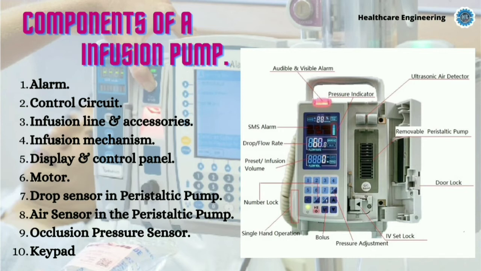It indicates the presence of air in the system. Next one is occlusion pressure sensor. This is used to control the infusion pressure. Last component is keypad. This is used to register the data that refers to the flow, the volume, and the time of infusion.